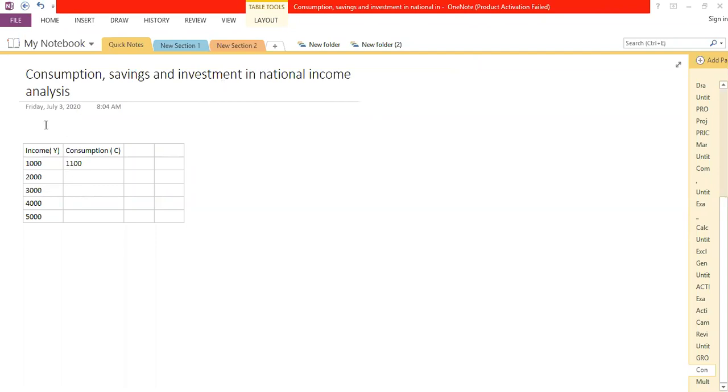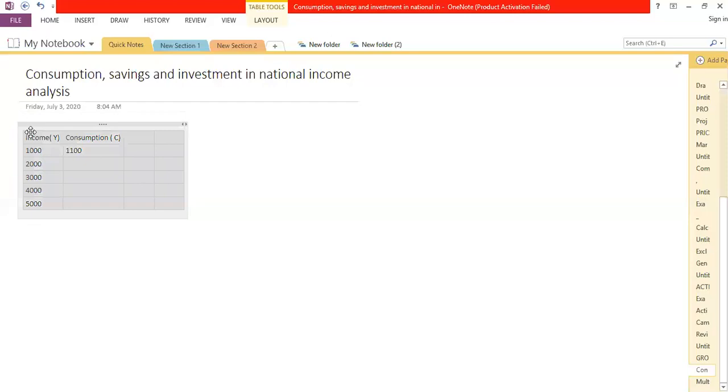And we all know that consumption plus the savings would actually determine how much was the income level. So I have a table which we are going to relate the income, the consumption, and also the savings.